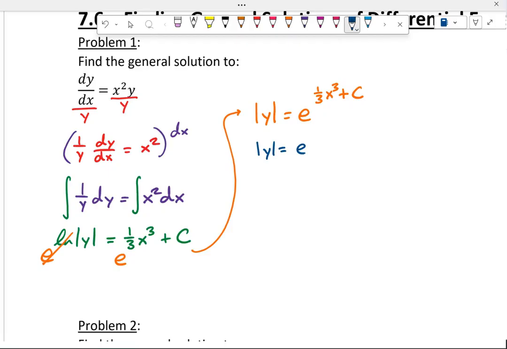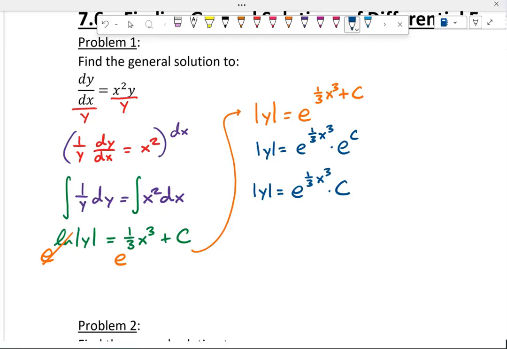I've started it with the e times e to the c. But, like we discussed yesterday, if I do a constant to a constant, what is this? So I can just write it as another constant. So that is absolute value of y equals e to the 1/3 x cubed times a constant.